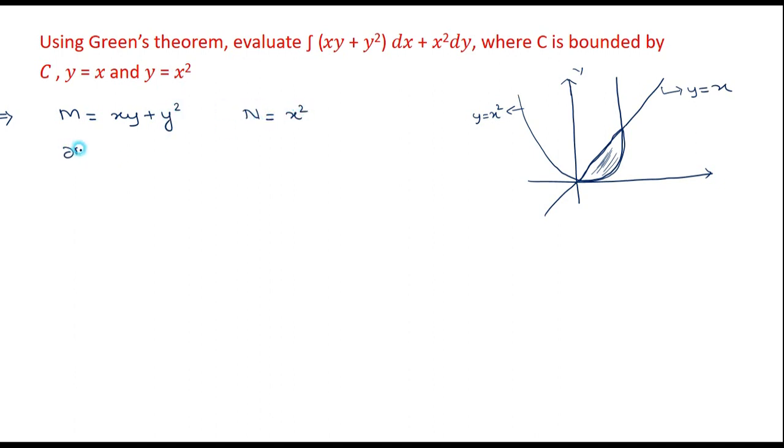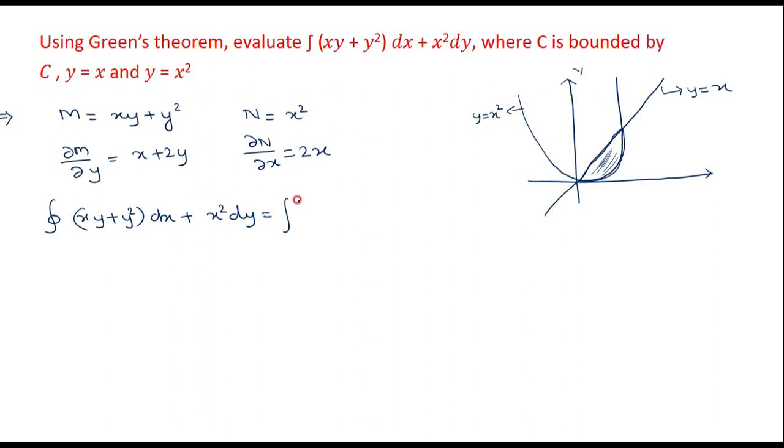So find dou M by dou y, which will be x plus 2y, and dou N by dou x is equal to 2x.